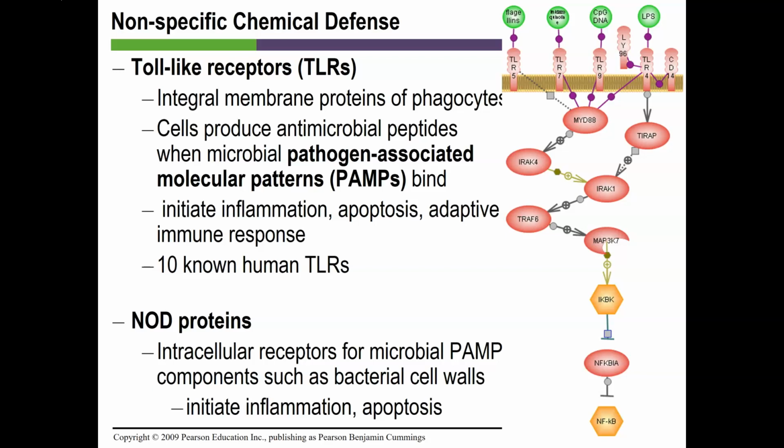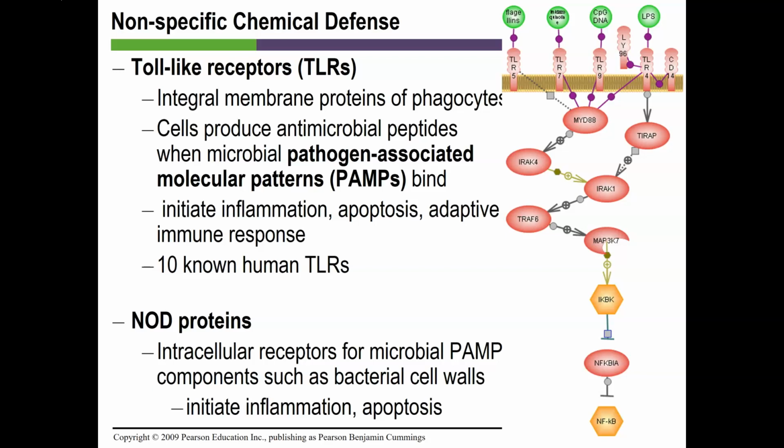Often, the response is something that initiates transcription to turn on genes, but they can also cause the cell to undergo apoptosis, cell death, cell suicide. The NOD proteins can also stimulate an inflammatory response in that surrounding area. So while these responses are not specific, they do recognize patterns that are indicative of organisms that are not self, right? In other words, invaders.